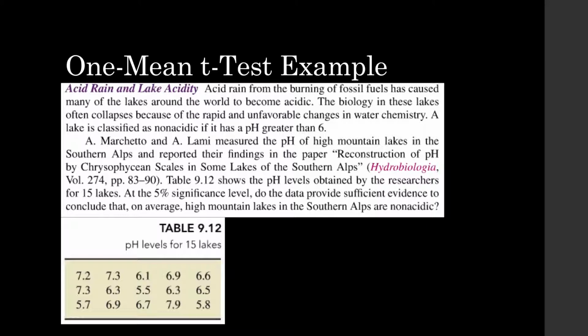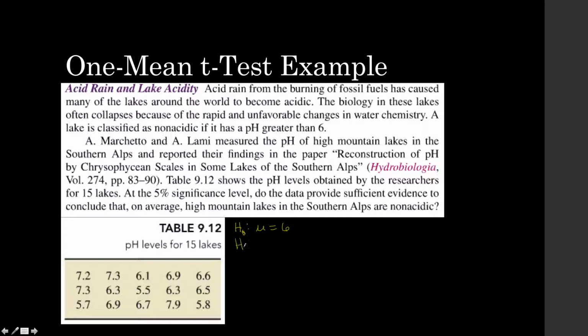Alright, so lakes are acidic. When we get ready to find our null hypothesis and our alternative, what would the null hypothesis be here? Well, if it's equal to 6, we say it's acidic.